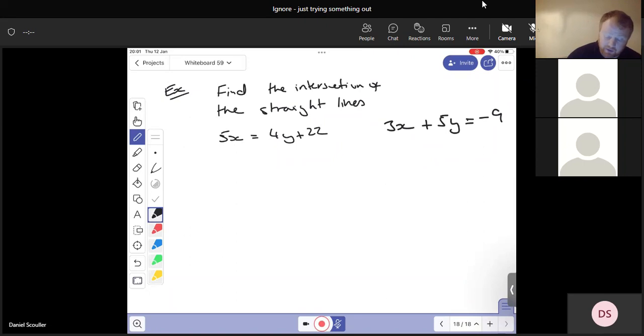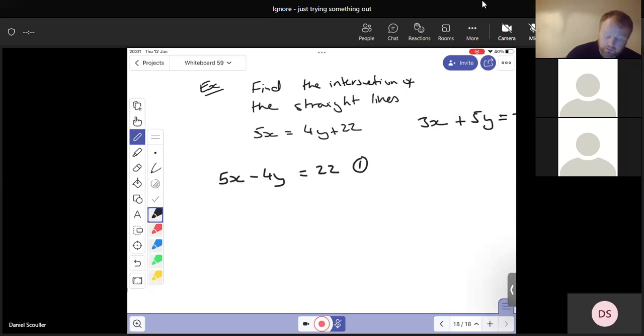So we want the 5x and the 4y over the same side. So 5x minus 4y will equal 22. That will be your first equation. And that 3x plus the 5y equals minus 9. Second equation stays the exact same.